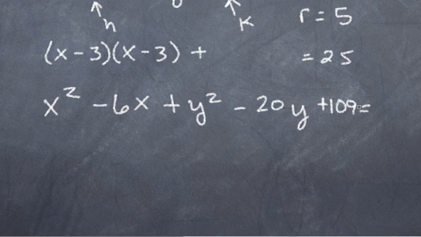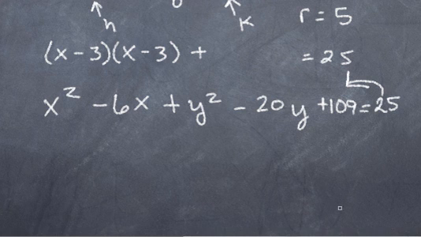But what you want to do with this 109 is take it over to the right hand side. We're going to end up with 25 over here. Take the 109 over because we want to get this in the general form of the equation of a circle. So 109 minus 25, and then this will be our general form here.